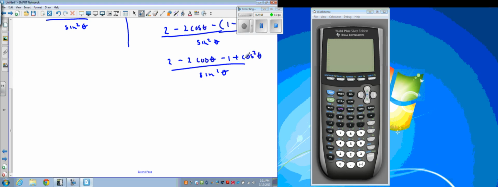So I'm going to write this in descending order. I'm going to write that as cosine squared theta minus 2 cosine theta. Then that's a plus 1, right? Yep. Now you're getting it down where you can split it in half.